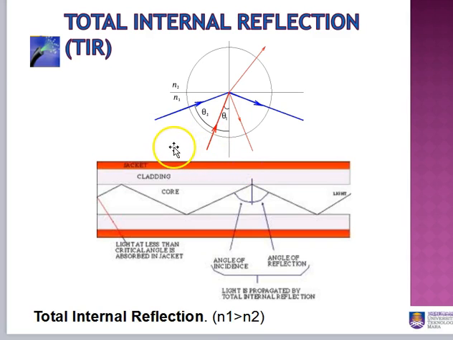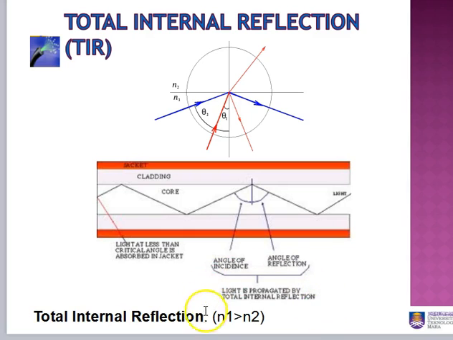Theoretically, when the light hits the interface at any angle larger than the critical angle, it will not pass through the second medium at all. Instead, everything will be reflected back into the first medium, and this process is known as total internal reflection.